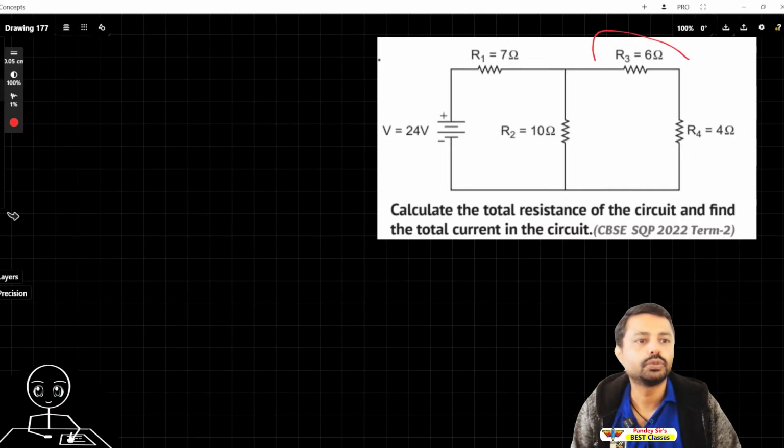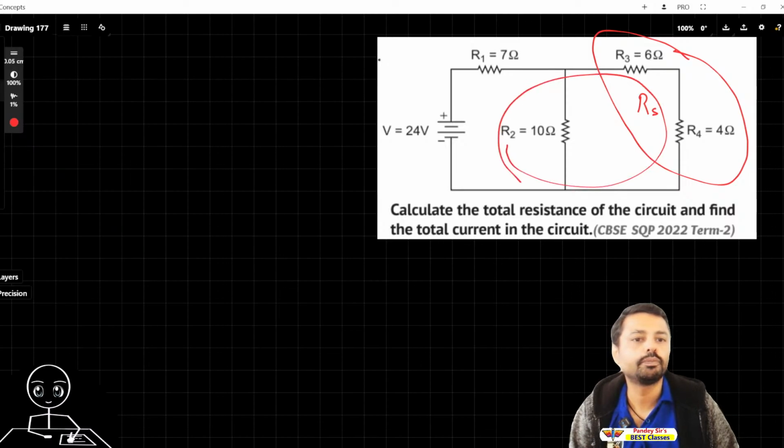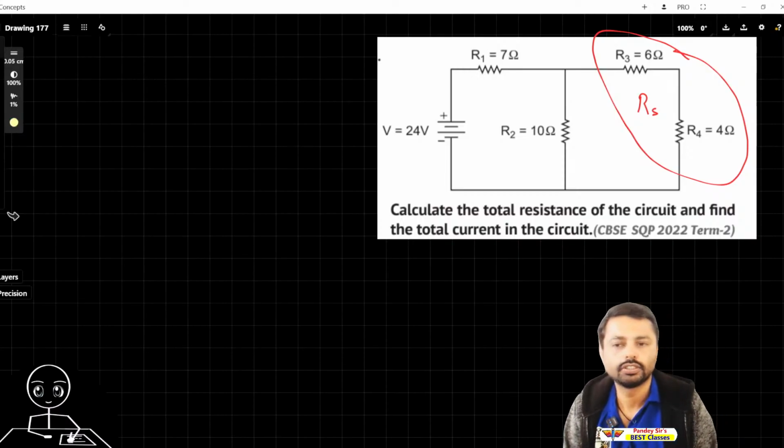See, these two are in series, so we'll add them, and then that will become parallel. Let's say it becomes R of series, and this is R2. So R2 and RS will be in parallel. First we need to do R3 plus R4, which are in series.